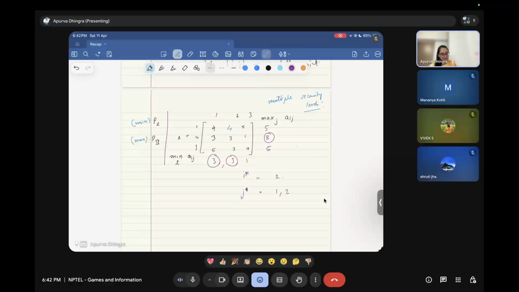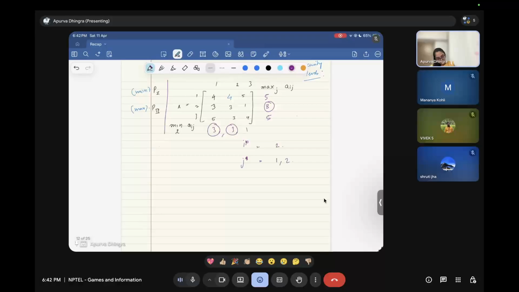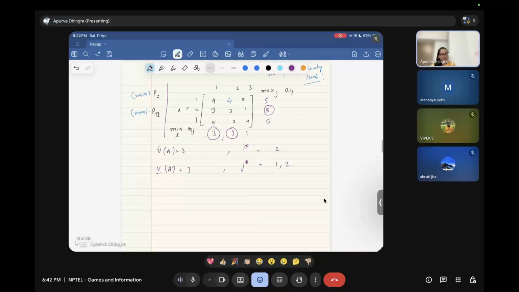So in the scenario where we get more than one security level, if V bar of A is 3 and V under bar of A is again 3, and they are matching, we have to verify that they are really saddle points.